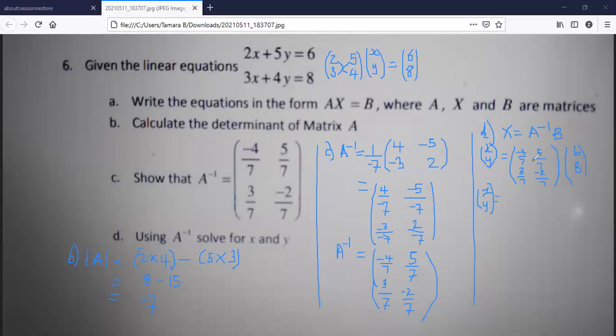We're using the first row, the top row, times a single column in B. So here we go. Negative 4 times 6, that's negative 24, and it goes back over 7. So that's negative 24 over 7.